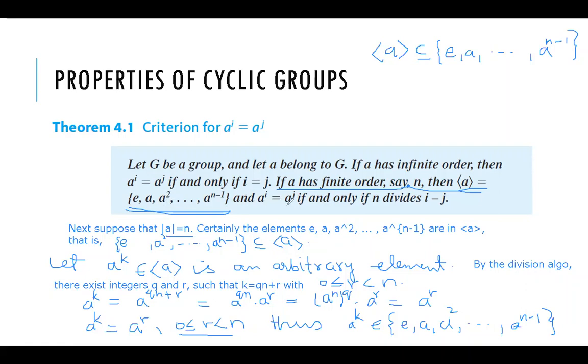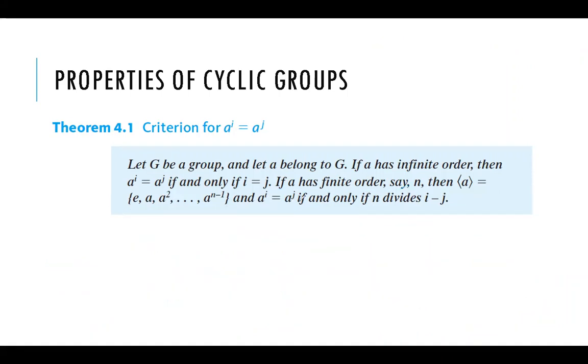Now, let us come to the last part of this theorem, which says a^i is equal to a^j if and only if n divides i minus j. And in this case, the order of the element is finite. So let us start with the assumption.